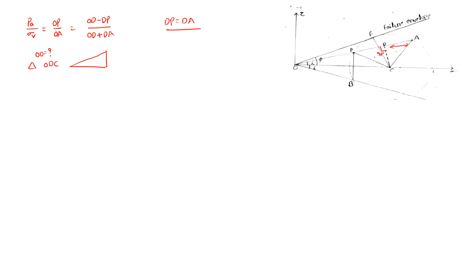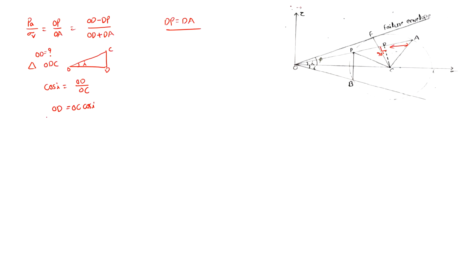This is the D point. So I will get cos i equals the adjacent side, that is OD, divided by the hypotenuse OC. So OD we can get as OC cos i. This is the OD value.